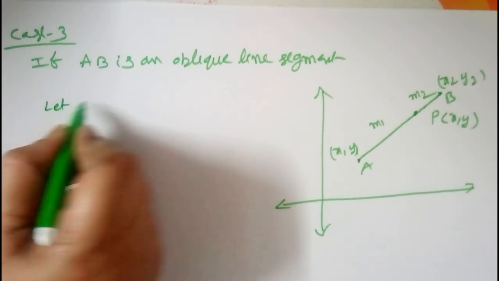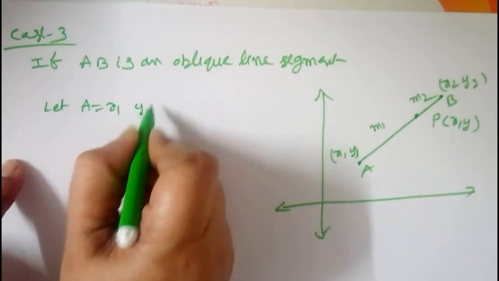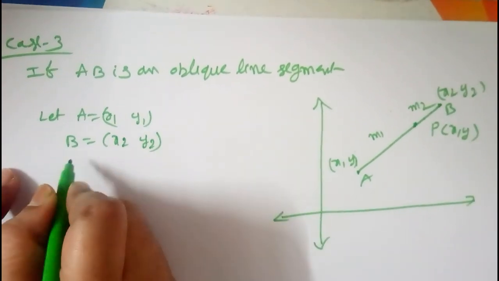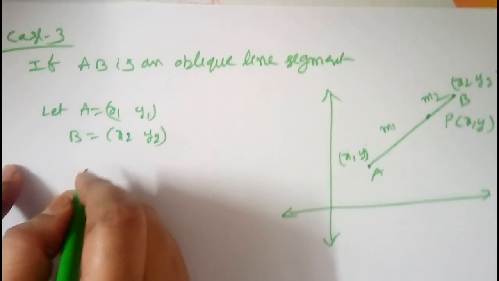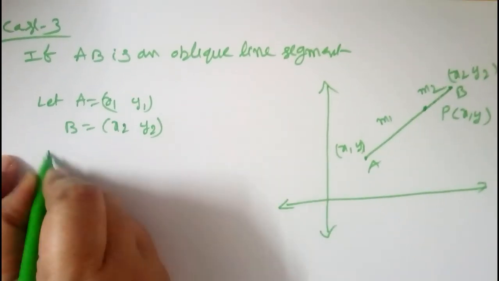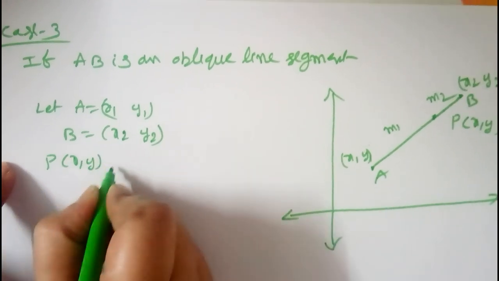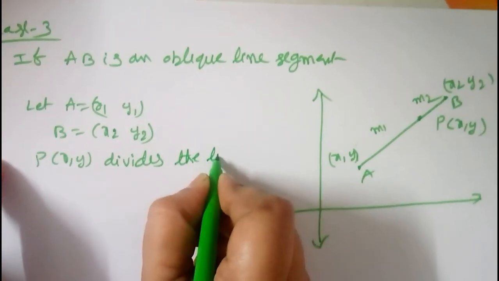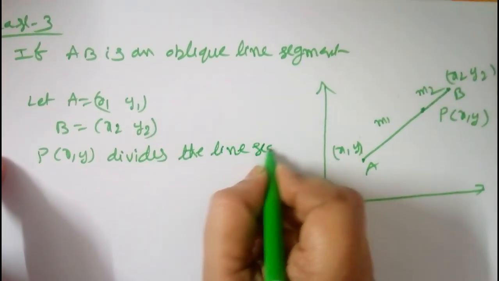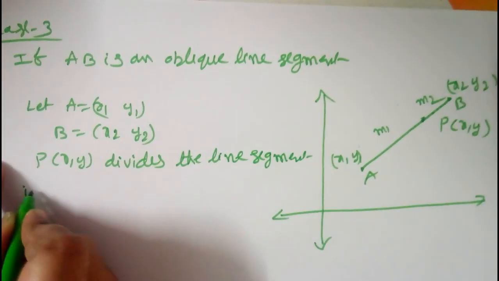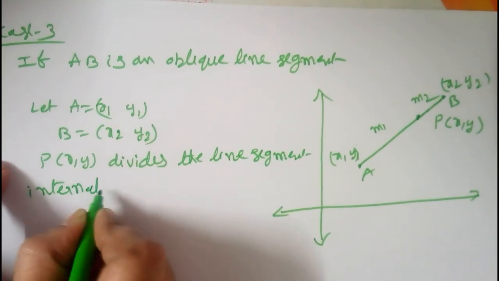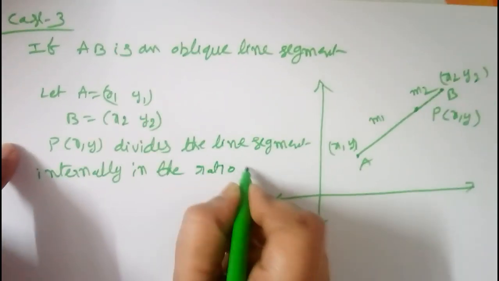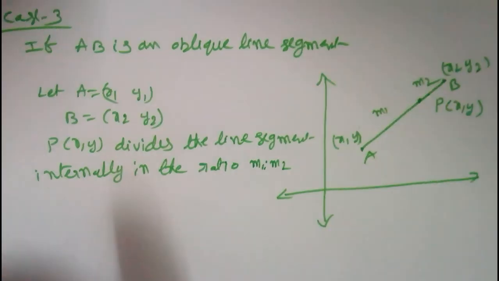Let A be (x1, y1), B (x2, y2). The point P (x, y) divides the line segment internally in the ratio m1 is to m2.